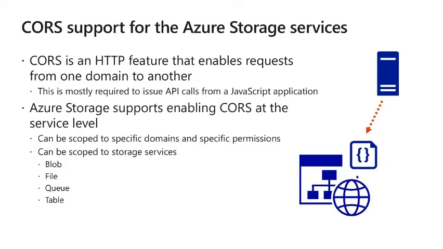You can set different CORS rules individually for each of the storage services by calling set blob service properties, set file service properties, set queue service properties, and set table service properties.